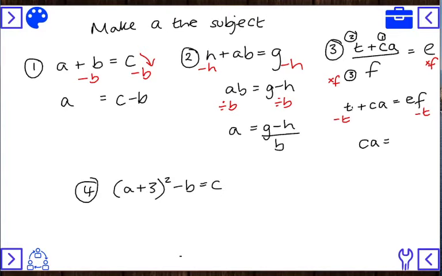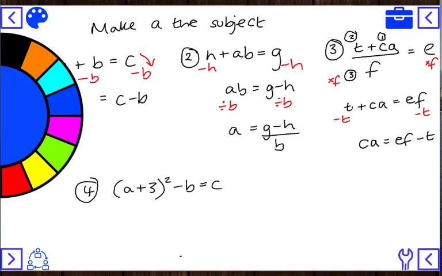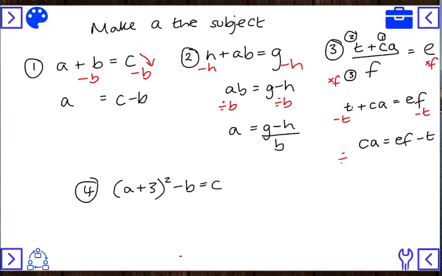And on the right hand side I had EF, but now I'm taking away T, so I've got EF take away T. We now need to get rid of times by C, so we'll divide by C. And that will leave me A, because C divided by C is 1, so I've got 1A is equal to EF minus T. Whenever you struggle to divide something by another thing, the easiest thing to do is write it as a fraction. So because I can't work out the value of EF minus T until I know the value of all those letters, I'm simply going to write it over C.